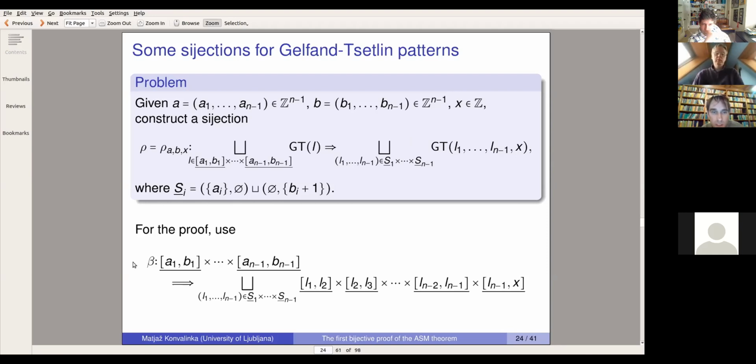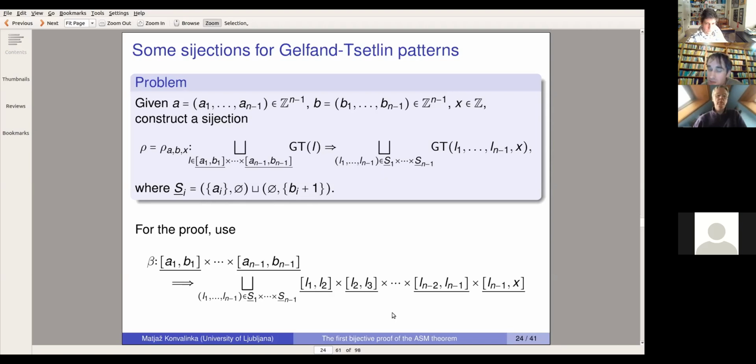Okay, how does that work? Well, remember, we just constructed beta from this to that. And then we can do a sijection from a disjoint union over those to a disjoint union over those. And then you can switch a little bit. You have two disjoint unions on the right. You can switch a little bit, and then you have a disjoint union of GT patterns over this product.